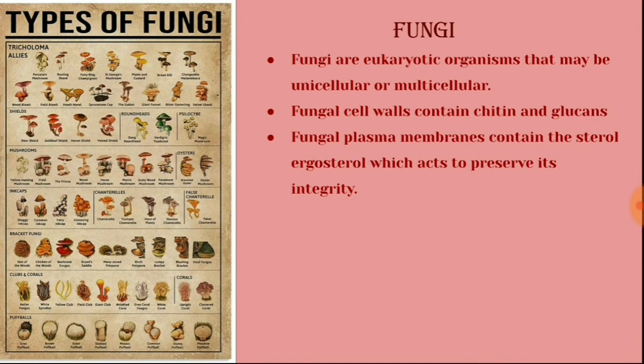Moving to the next part of our classification, which is fungi. So fungi are the eukaryotic organisms that may be unicellular or multicellular. They have a well-defined nuclei that house the genetic material and membrane-bound organelles. Then these fungal cell walls are not like the peptidoglycans that we observed in the previous slides.